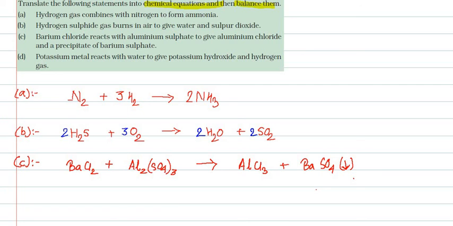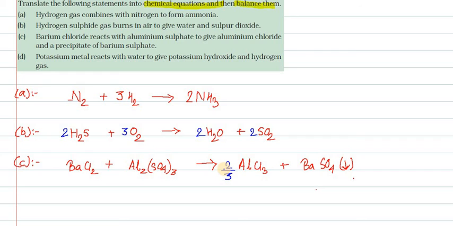Okay, now let's balance this equation. Let's start with barium. Number of barium on the left hand side is 1, number of barium on the right hand side is also 1. Number of chlorine in the left hand side is 2, but the number of chlorine in the right hand side is 3. So what we have to do is multiply this with 2 by 3, just to make the number of chlorine on both sides equal.